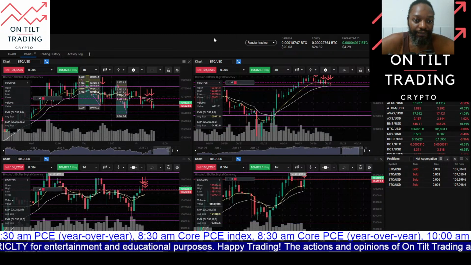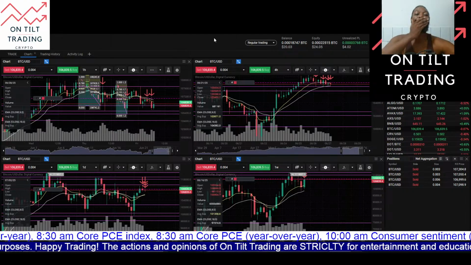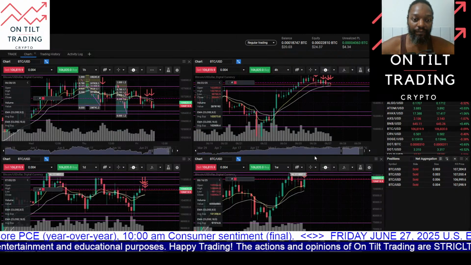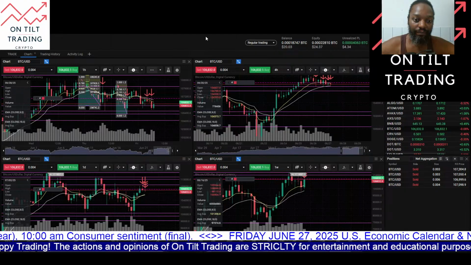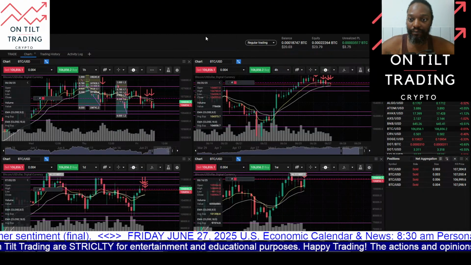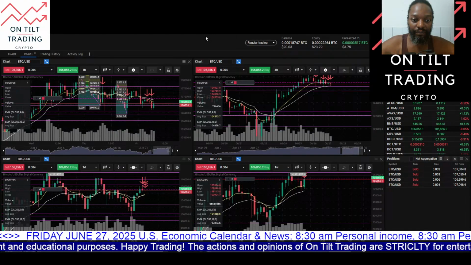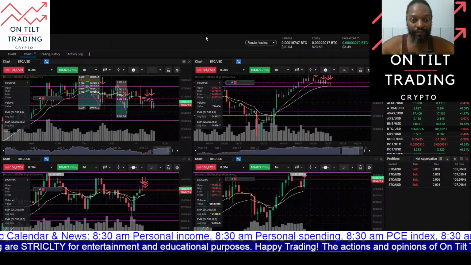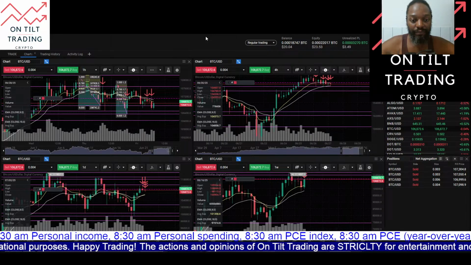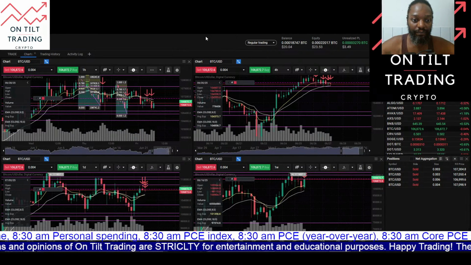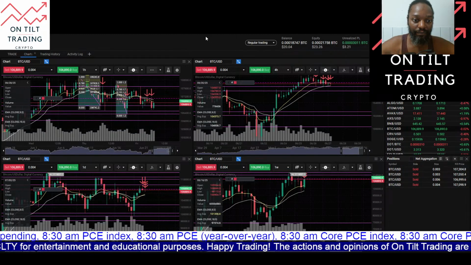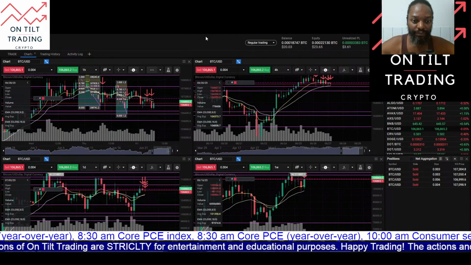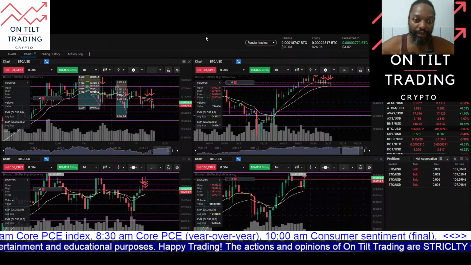Price still consolidating. 106,850. Price being delivered to the sell side here.